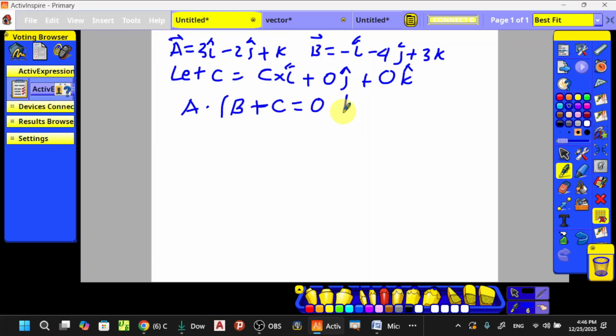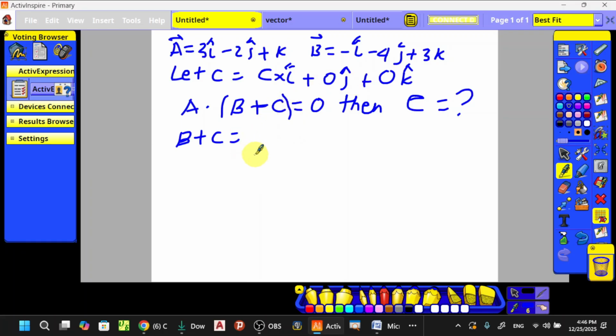Then, what is vector c equal to? This is the question, so let's solve the problem. Once we are given b plus c, let's find b plus c first. We have b; just add the i components first.